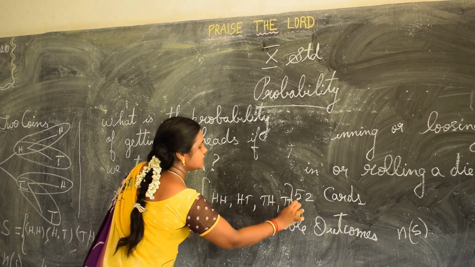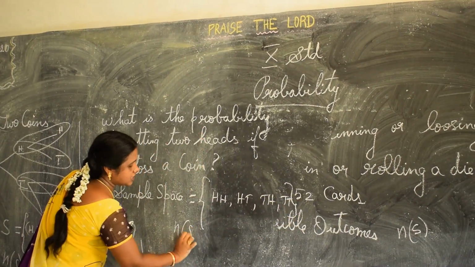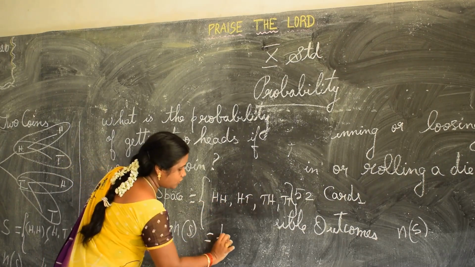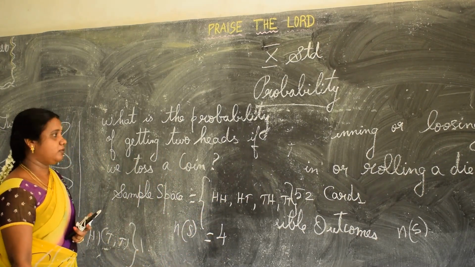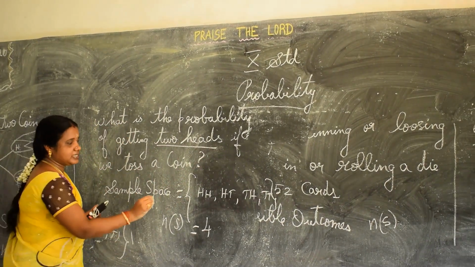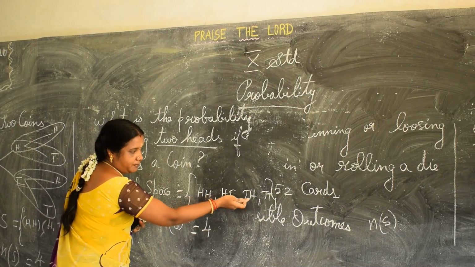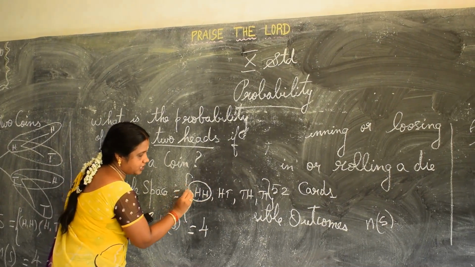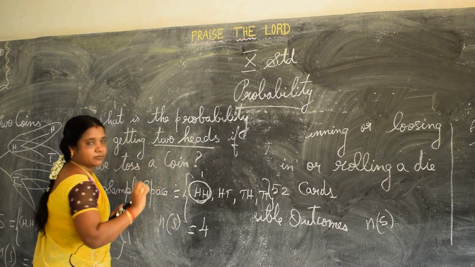TT. This is our sample space. So n(S) is equal to, how many outcomes are there? 1, 2, 3, 4. So our total possible outcome is 4. What is our question here? You have to get 2 heads. So in the sample space you have to see in how many places we are having 2 heads. Only one. So only one possible outcome.